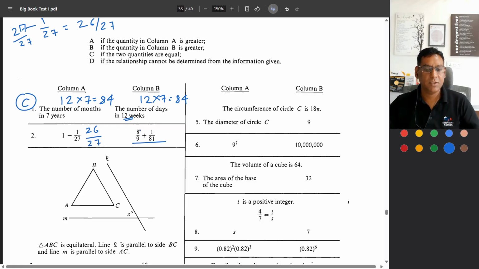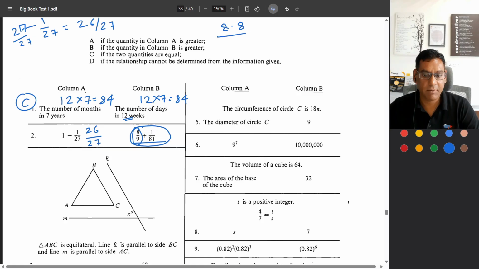Okay, let's look at this. I see that 8, 81 and 9, right? So the common denominator can be taken as 81, wherein we are going to multiply both of these numerators and denominators by 9, so that we get 81 at the bottom. So what do you basically get?